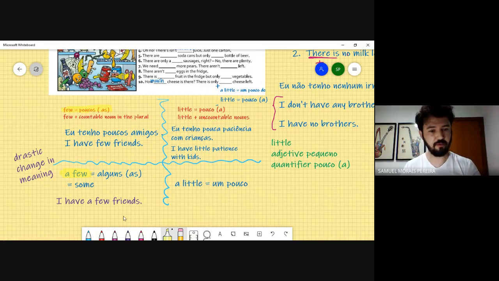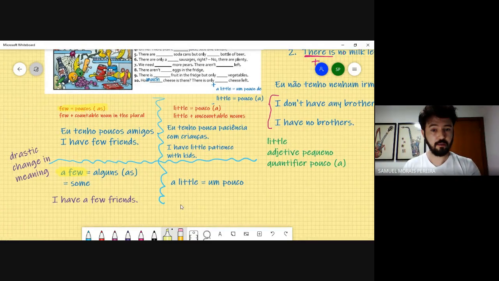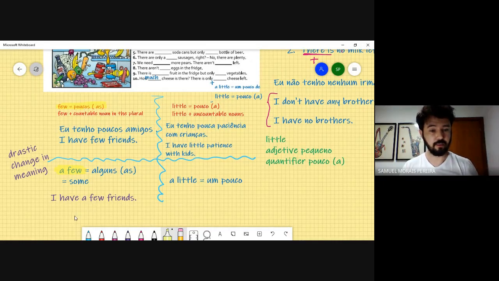Tá vendo? Eu posso trocar o a few pelo some. Ó. I have some friends. Eu tenho alguns amigos. Generalizando a quantidade, tá bom? Pouco me importa a quantidade. O que me importa é falar que I have some friends. I have a few friends. So pay attention. É diferente de falar eu tenho poucos amigos.